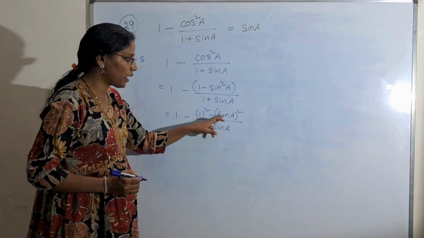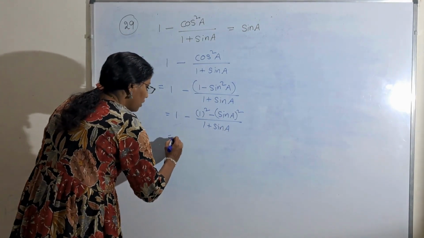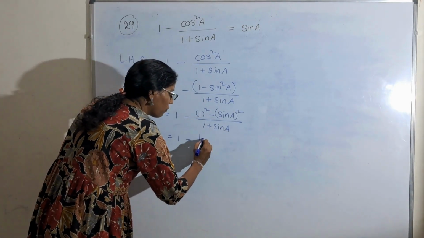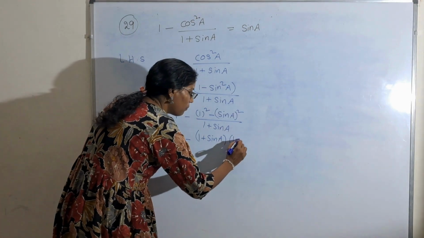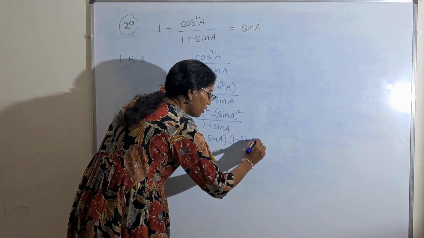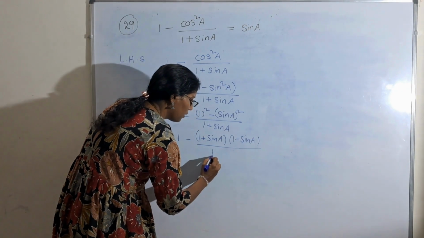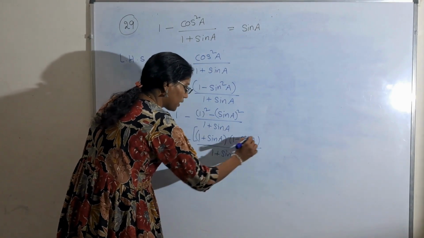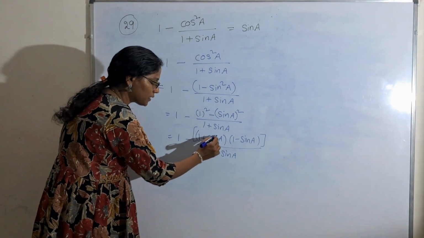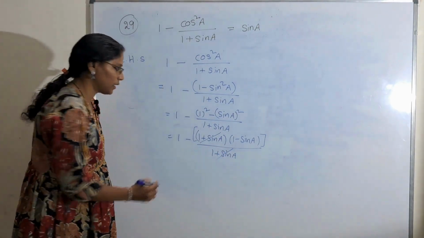In the numerator, the A square minus B square formula: (1 minus (1 minus sin A))(1 plus sin A)... Here we keep brackets, 1 plus sin A and 1 plus sin A cancel.